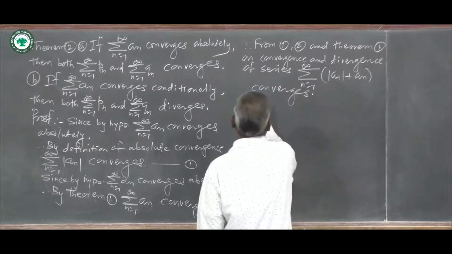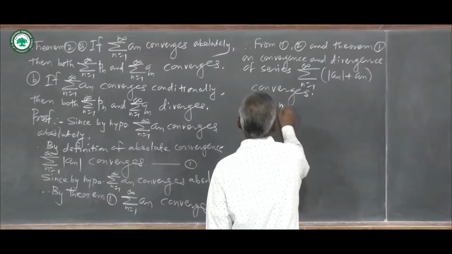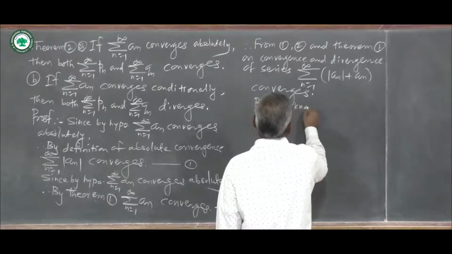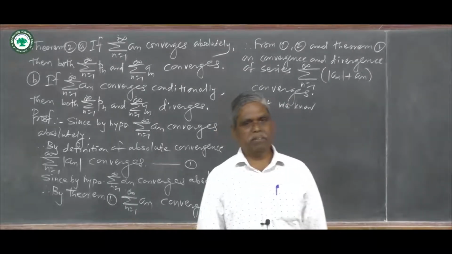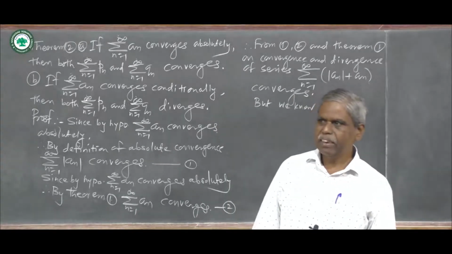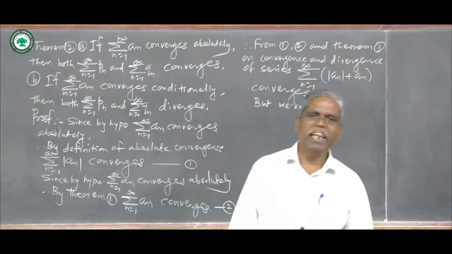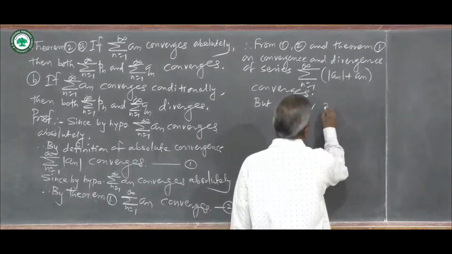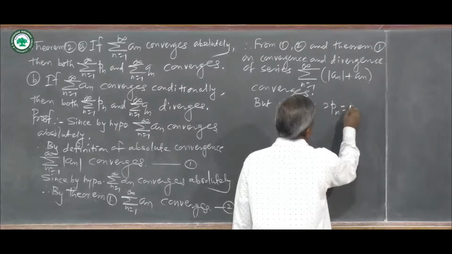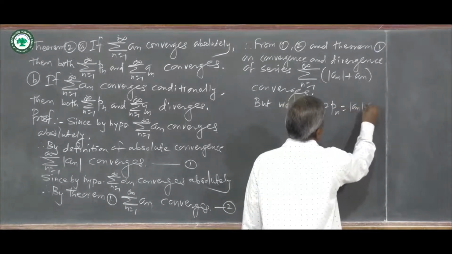But we know the relation between mod of an plus an is equal to 2pn. That is, 2pn is equal to mod an plus an.